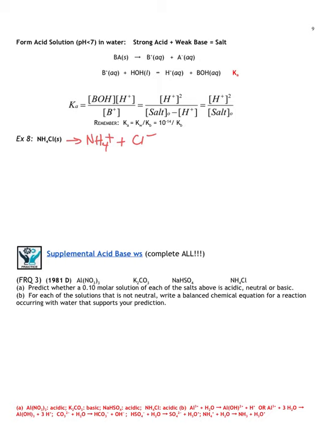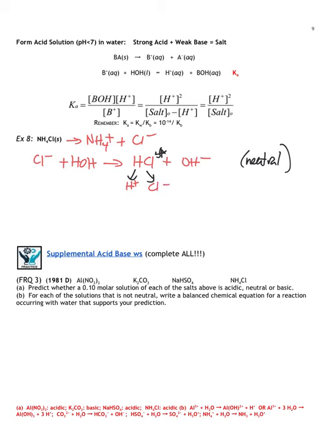I'm going to do the chloride ion first, okay? When the chloride ion reacts with water, HOH, you're going to see it form hydrochloric acid, and hydrochloric acid is a strong acid. We know that strong acids are going to dissociate or ionize completely into two ions, H+ and Cl-.